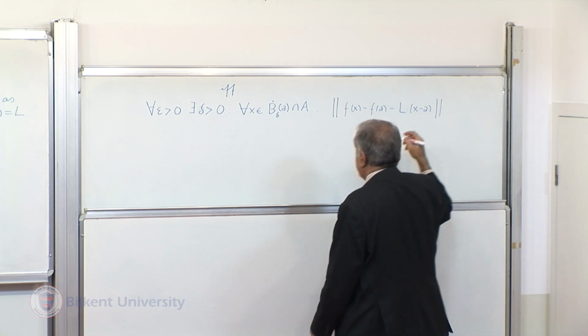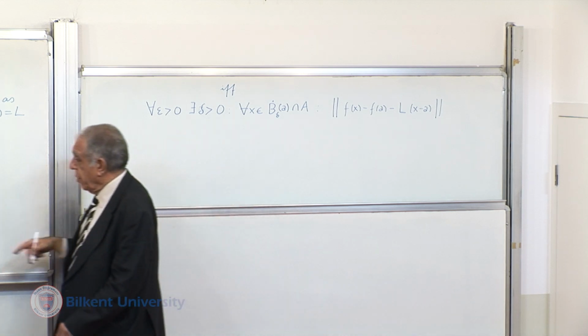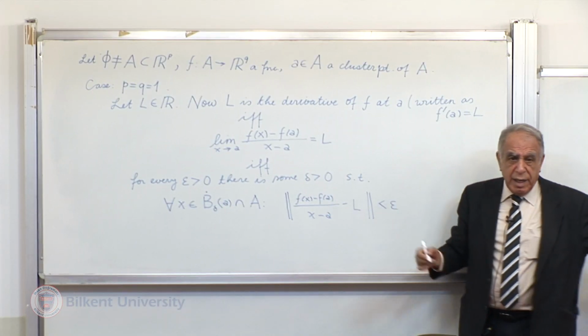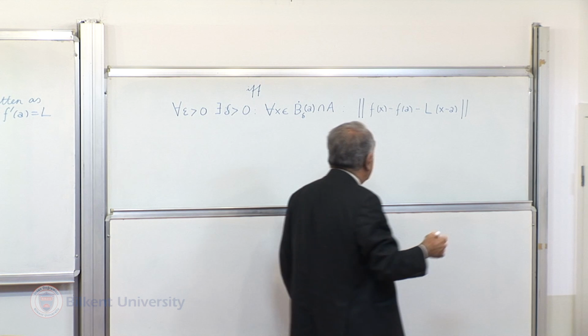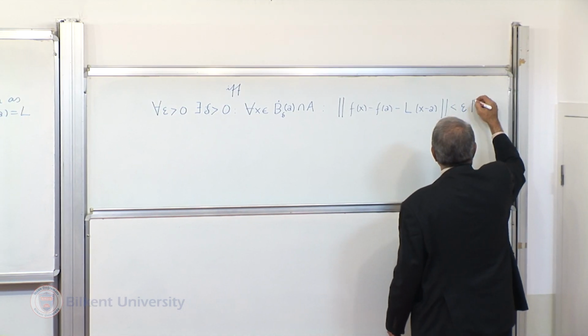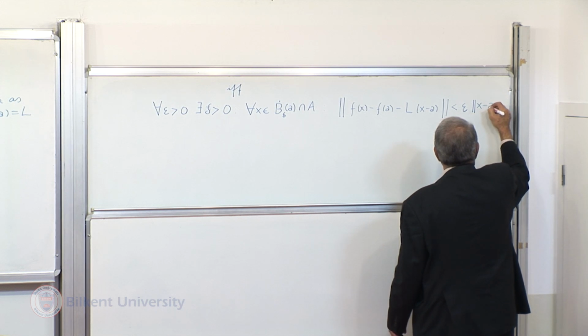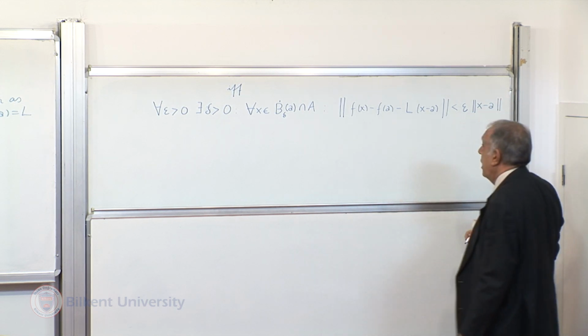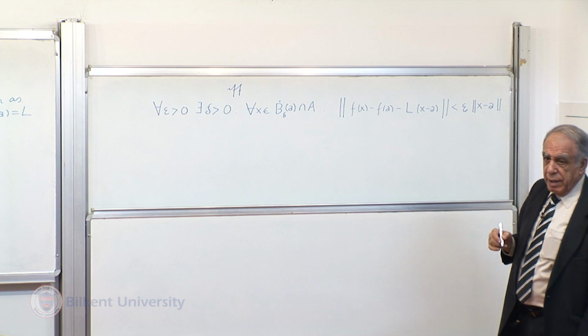Well, since this is still in the norm, the absolute value in here, that will occur like this, but that will be less than epsilon times the absolute value of x minus A, but let me write it in the norm form as well.